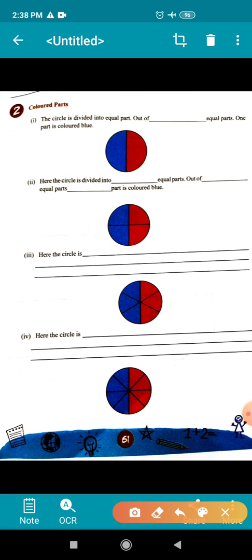Children, here, by seeing this picture you have to answer these questions. Here children, first of all you see the circle is divided into equal parts. You can see all the circles are divided in equal parts. One out of how many parts are total?